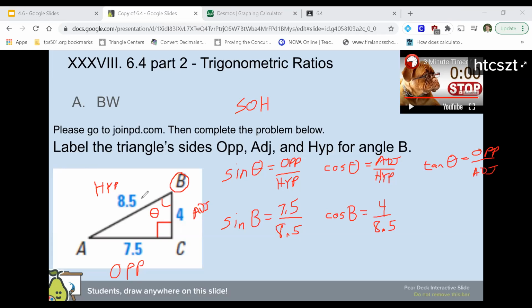Oh, I forgot to write SOH CAH TOA. So for our problem then, the tangent of angle B would be the opposite, 7.5, over the adjacent, 4. That's it. That's all I'm asking you to do for 6.4. That's not true. There's one more thing. But that's like 80 to 90% of all I'm asking you to do in 6.4. Yay? Not too shabby? Okay.